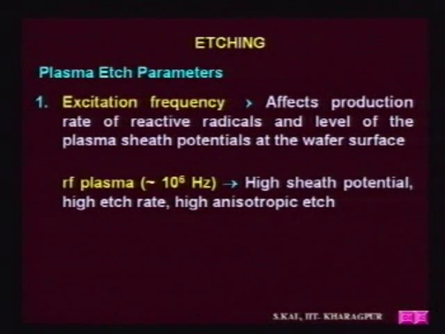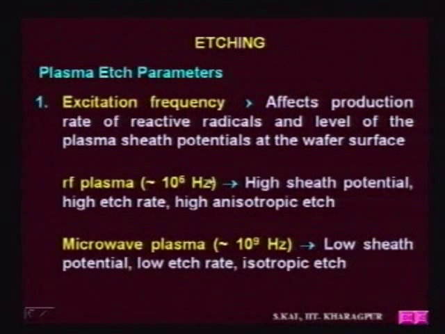Second is high seed potential. In RF plasma we use a megahertz range RF signal. If the frequency is more, then there is high seed potential, the etch rate is high, and we can observe highly anisotropic etching. If we increase the frequency into the microwave region, that is 10 to the power 9 hertz, the gigahertz range, then low seed potential is observed, the etch rate is low, and the etching is isotropic in nature.